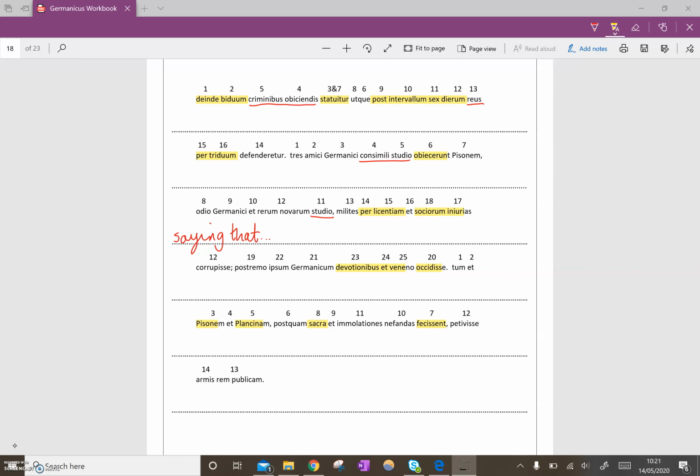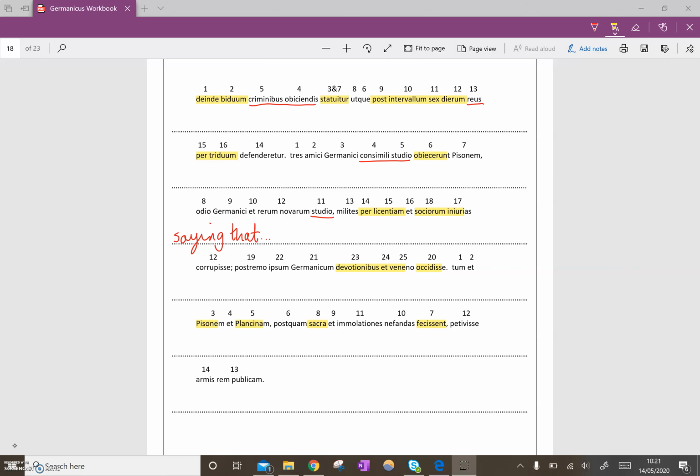So I'm going to whiz through the whole English of this page so that you can check that you've got it all down and that you understand where it's coming from. So then a period of 2 days was allocated for presenting the charges, and after an interval of 6 days, a period of 3 days for the accused to defend himself. 3 friends of Germanicus charged Piso with similar zeal, saying that in his hatred of Germanicus and zeal for revolution, he had corrupted the soldiers by allowing hooliganism and maltreatment of the allies.